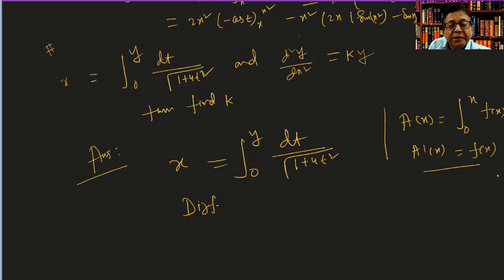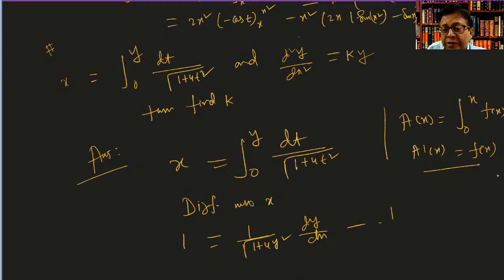So here, if you differentiate with respect to what? Differentiate with respect to x. So this is 1. Here, you take this function inside, 1 plus 4y square, derivative of y with respect to x, dy by dx, minus, you need not do, just I am doing it for Leibniz rule, 1 plus 4 into 0 square, d by dx of 0.